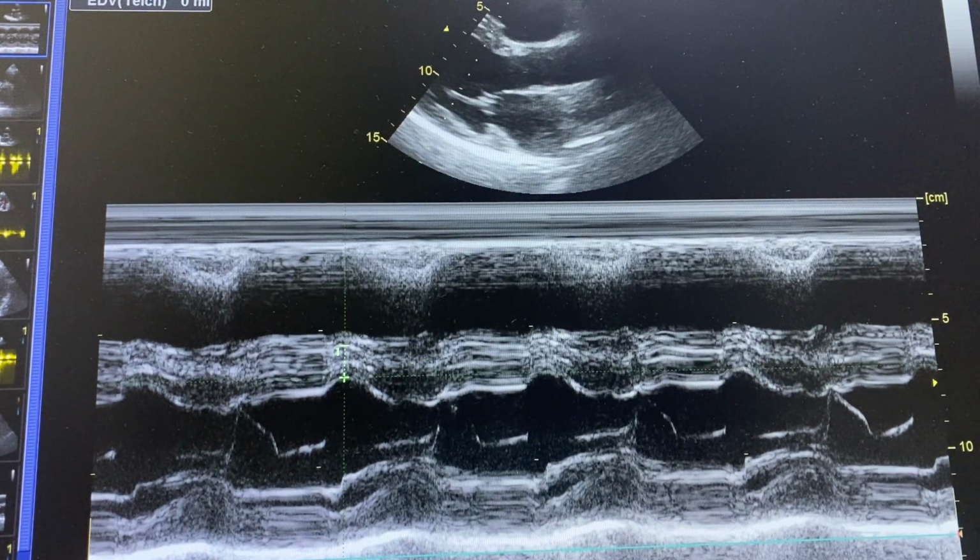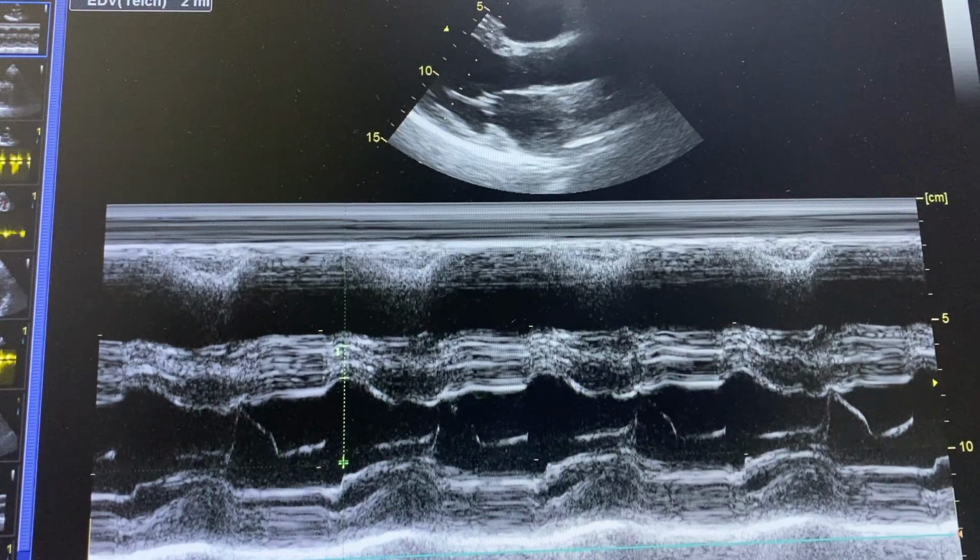We measure size of LV from its walls, and then the cavity size, and then its walls, thickness of the walls, and then the size of the cavity. Still remember cardiac cycle: diastole, systole, diastole, systole. You have to identify where is systole and where is diastole. We are taking measurements at end diastole.